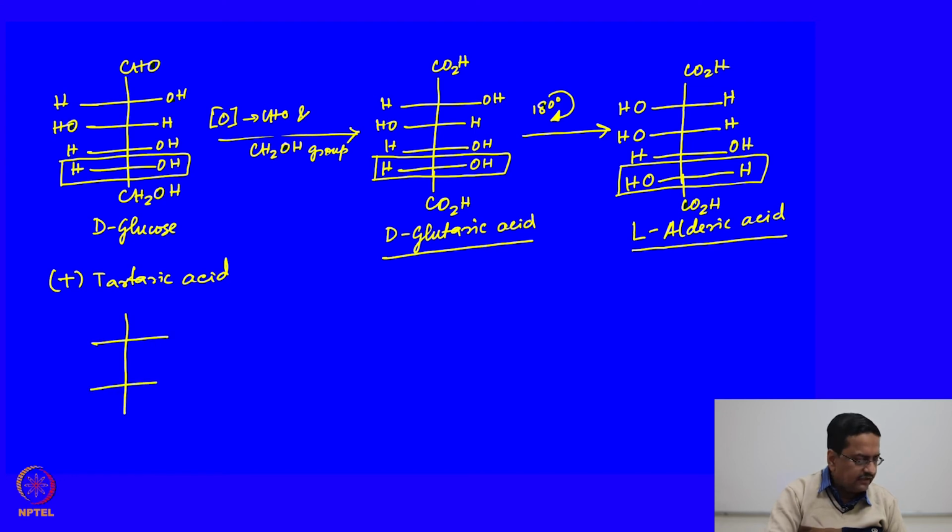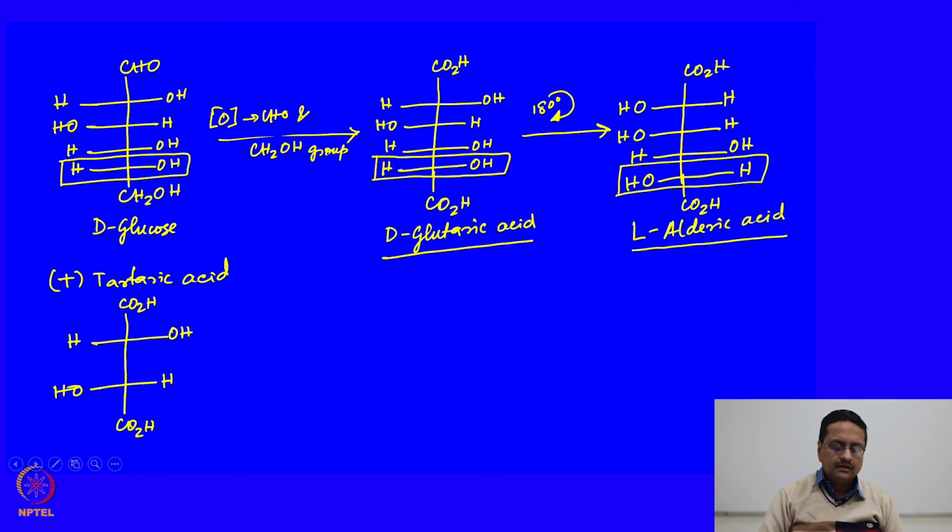The plus tartaric acid is CO2H here, CO2H down, OH and H. If we consider that this is an alpha hydroxy acid, then we should give priority to this group, which is at the top position of this Fischer projection.